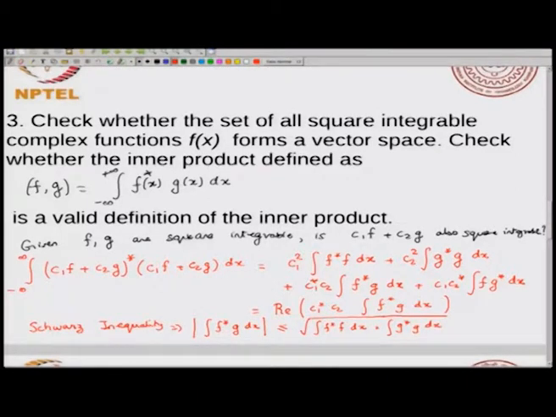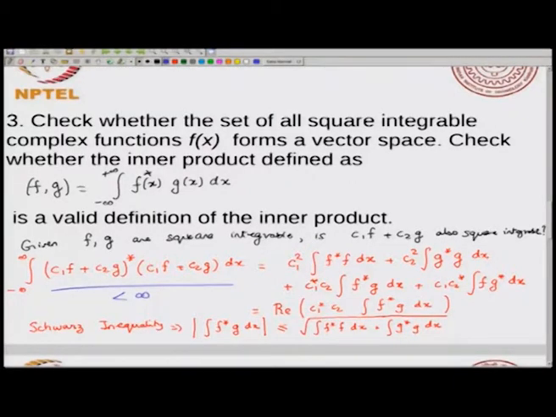So, therefore, integral f star g dx has to be less than infinity. So, basically if f and g are square integrable, this is also square integrable. With this you can show that this forms a vector space.